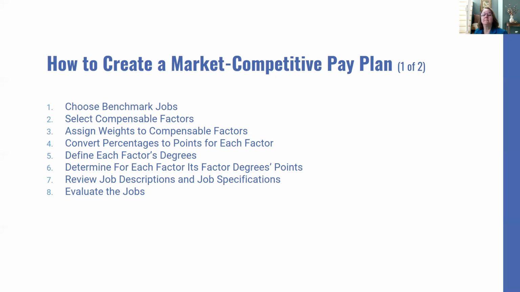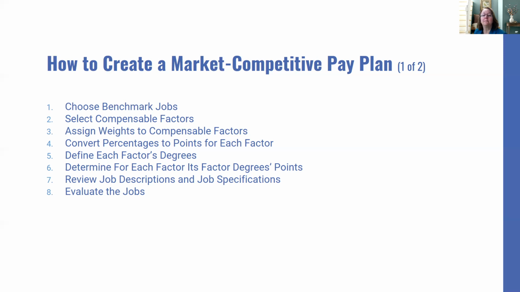Then number 8, evaluate the jobs. So steps number 1 to 7 provide us with the information based on which we can evaluate the jobs. The committee has gathered the job descriptions and job specifications for the benchmark jobs they will focus on.